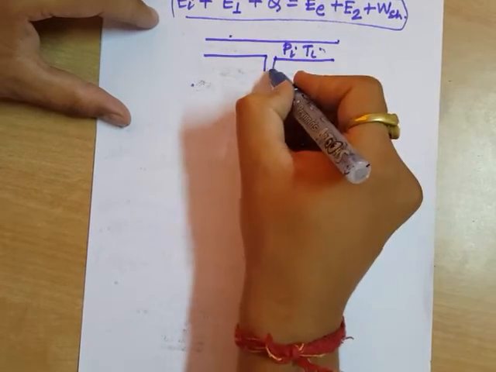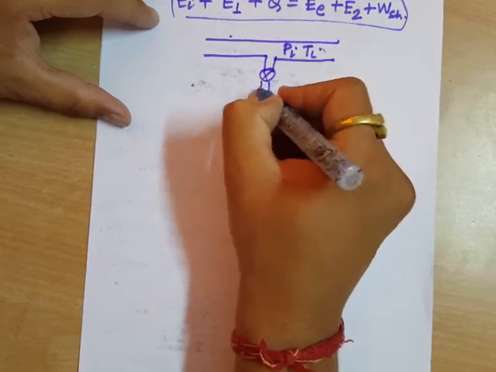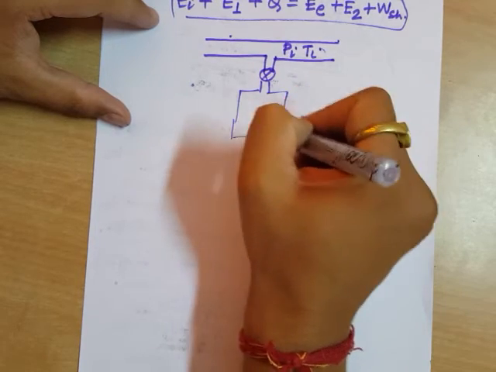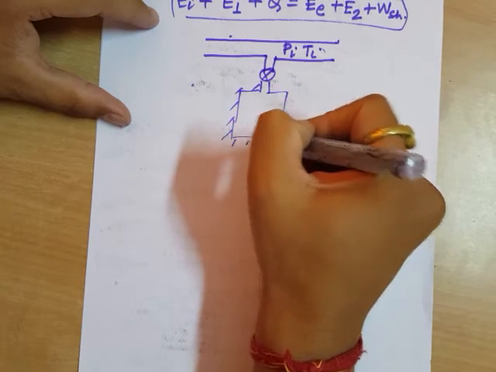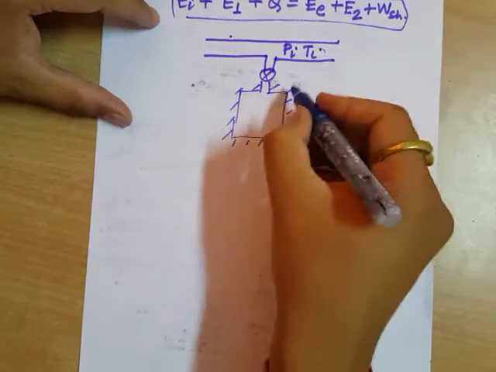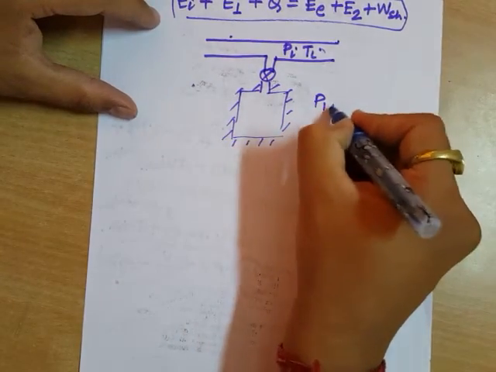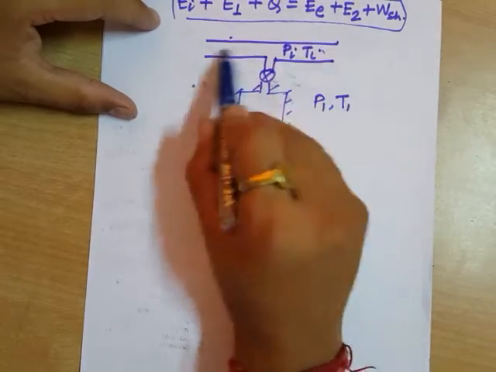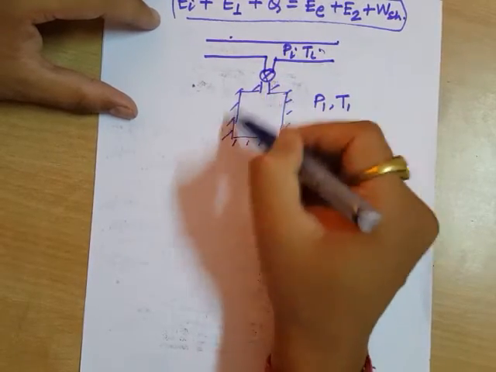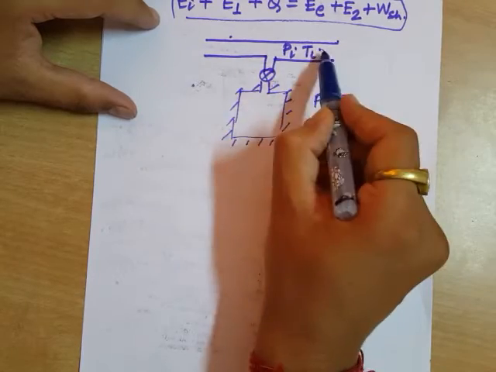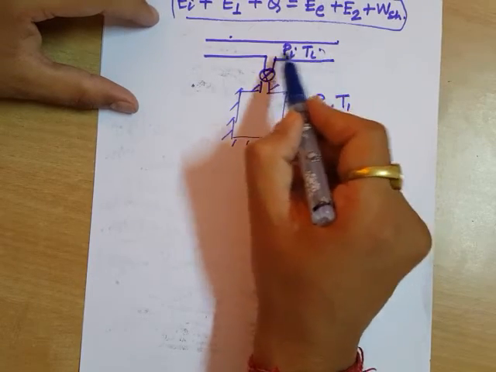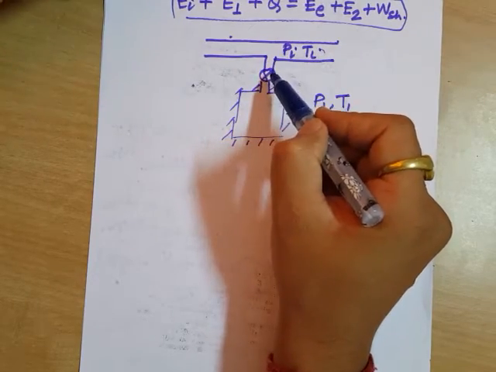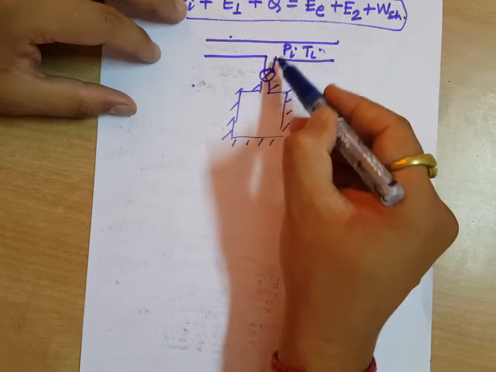This duct is connected to an adiabatically sealed vessel, initially at pressure P1 and temperature T1. This pipe connected to the vessel is of infinite capacity, meaning its pressure and temperature will not change if we draw a small amount of gas from it.